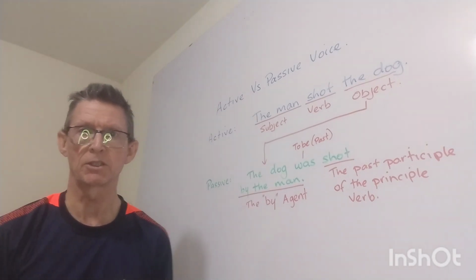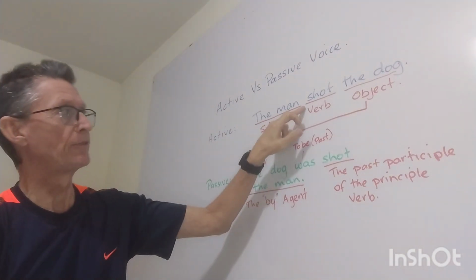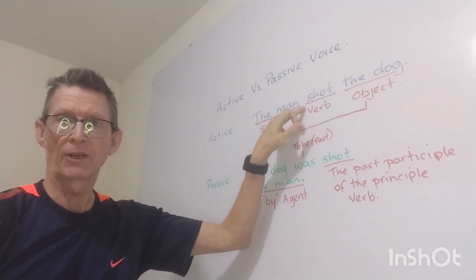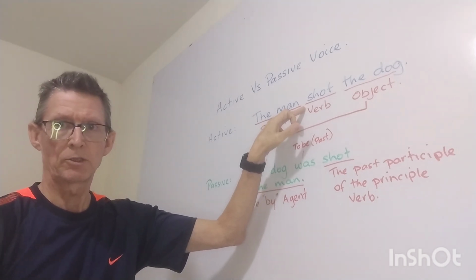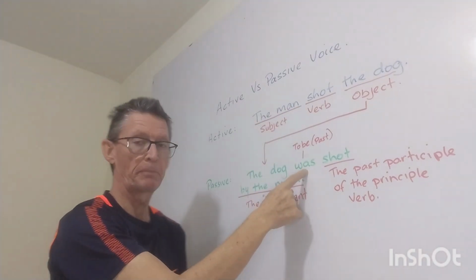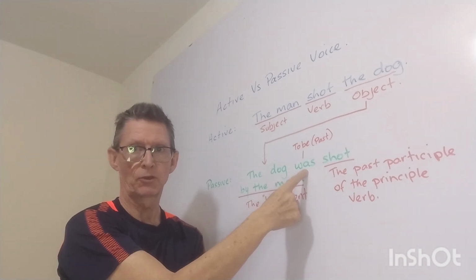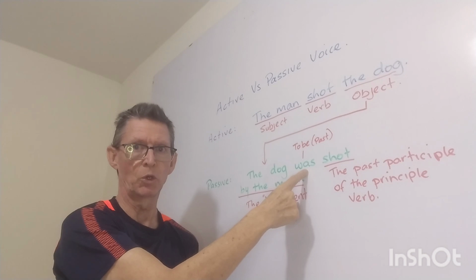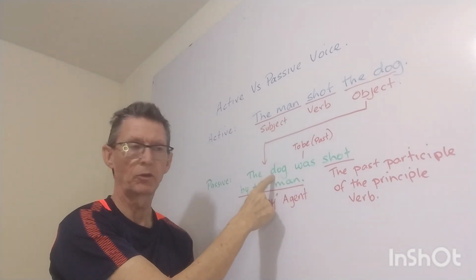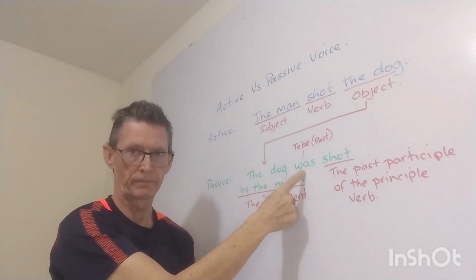The second thing we need to do is my verb in my active phrase is past simple. So I use the verb to be in my passive phrase to create the time. So the past simple of the verb to be is was or were. Because we have the dog, it, we use was.